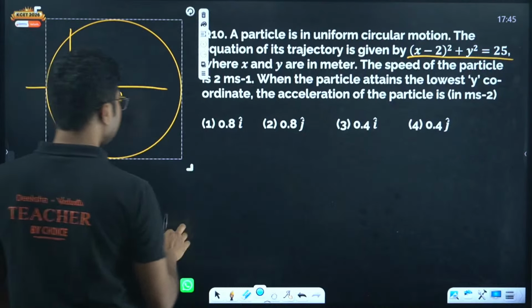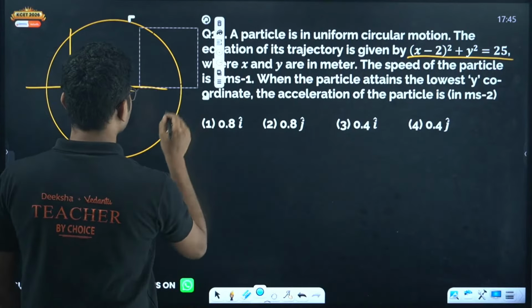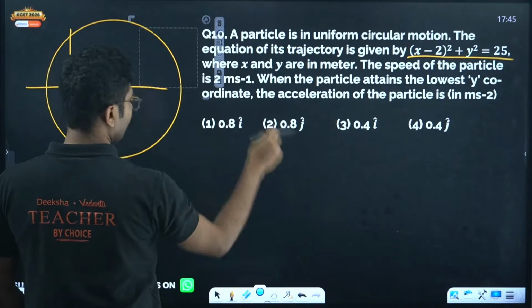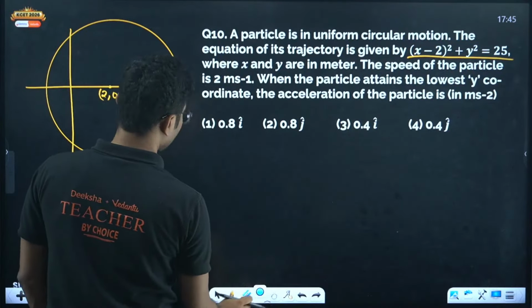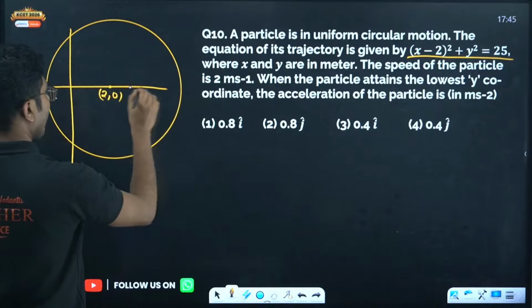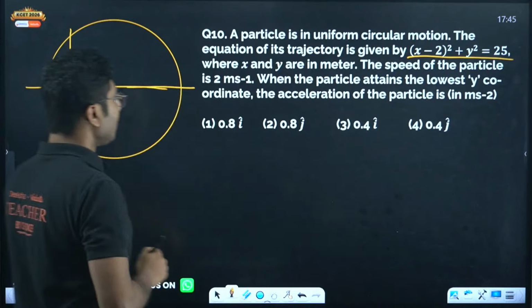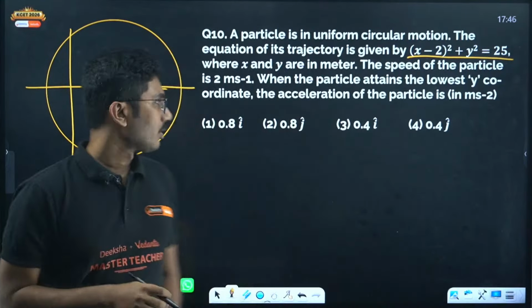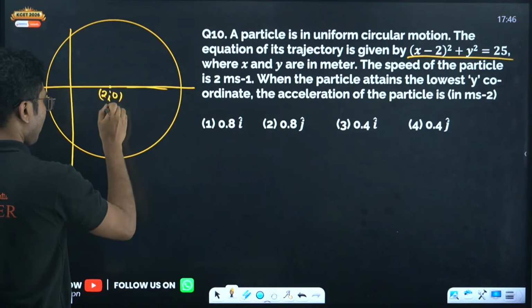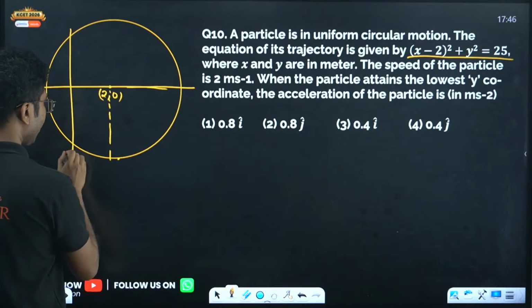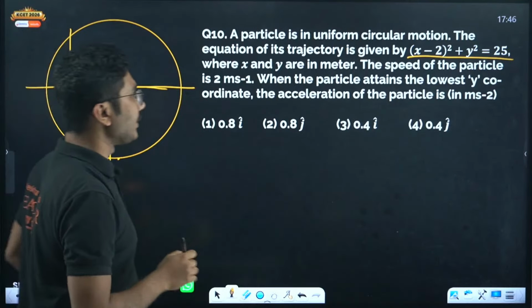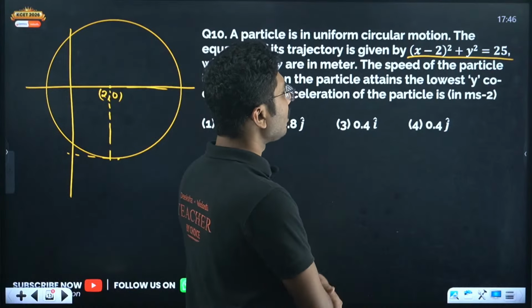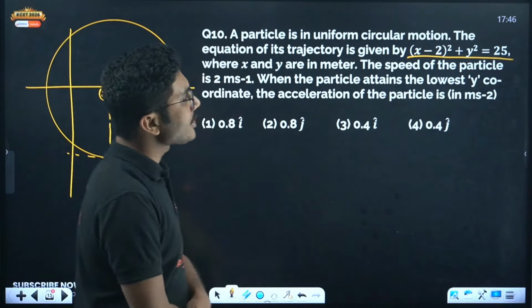Yes, so this is the circle. So as you can see, what is the lowest y coordinate? The lowest y coordinate is this. Obviously this will be the lowest y coordinate. Now the question is, when the particle attains the lowest y coordinate, what is the acceleration of the particle?